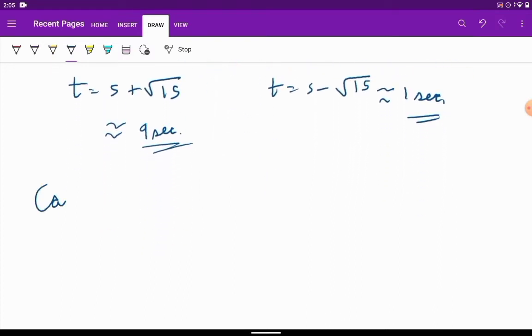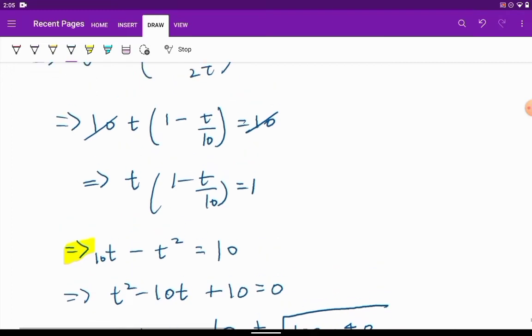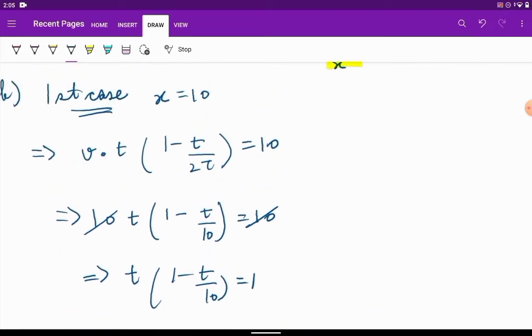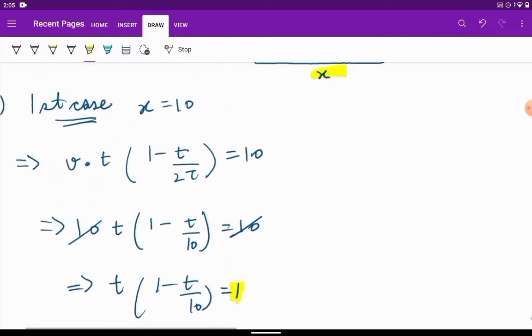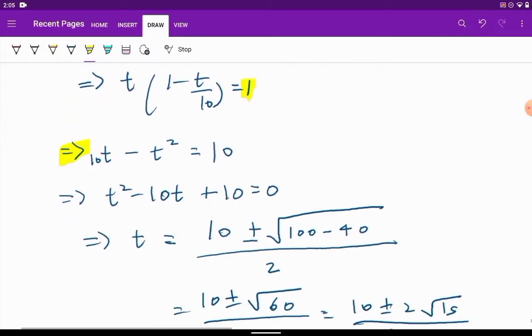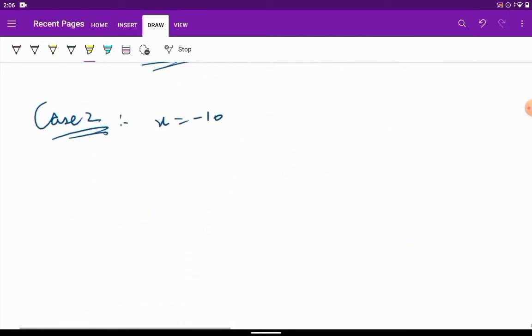Acha, case 2 is when x is equal to minus 10. So we just need to substitute minus 10 instead of 10. So the right hand side over here will become negative, 10t minus t square equal to minus 10, which means t square minus 10t minus 10 equal to 0.